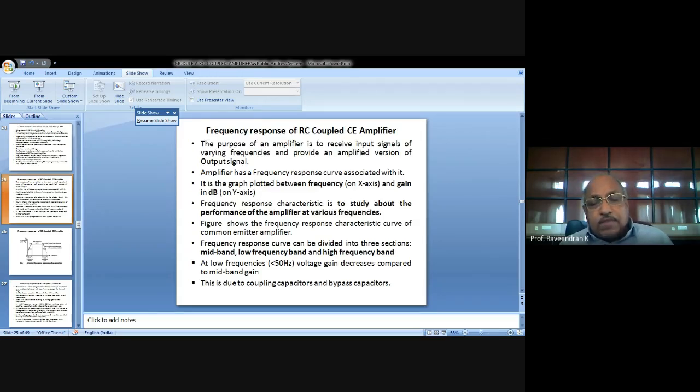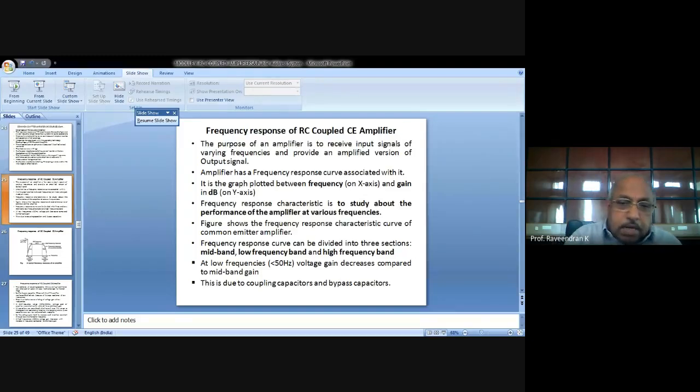The voltage gain of the amplifier will get reduced at low frequencies and high frequencies. But we should see that practical amplifiers do not have equal gain at all frequencies. It is not possible to have a CE amplifier with a voltage gain that is constant throughout from low frequencies to high frequency.